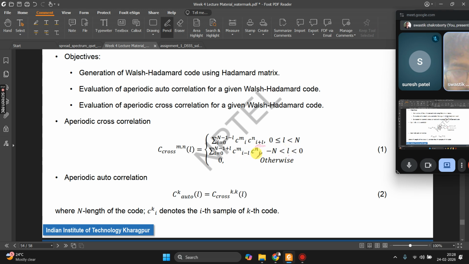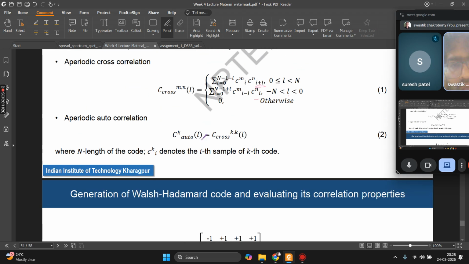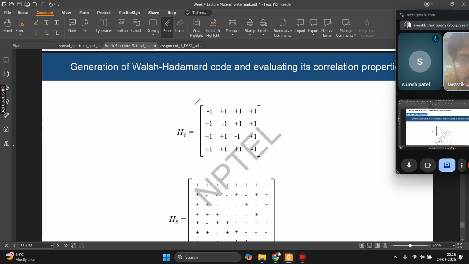One symbol is taken as it is, equal to the running variable of the summation, and another is taken as the delayed version. At each delay, 0 delay, 1 delay, 2 delay, you sum these up and find the correlation at all delays. If you take the two sequences to be the same, you get the autocorrelation, otherwise the cross correlation.